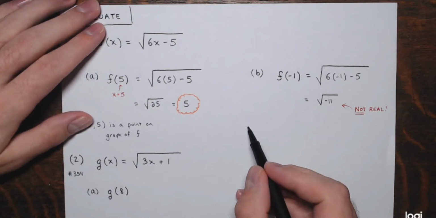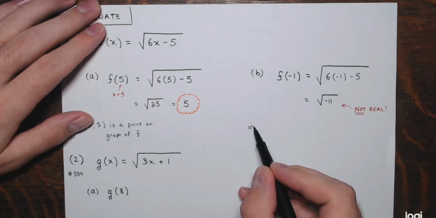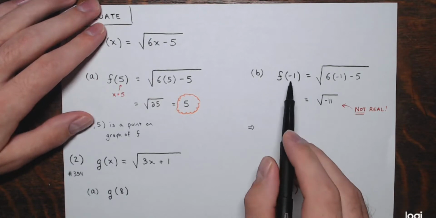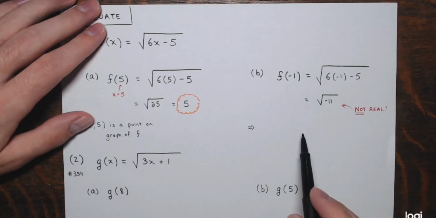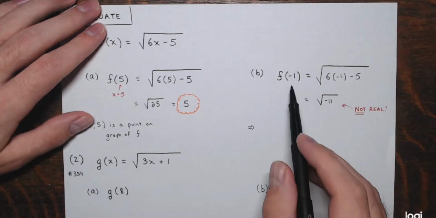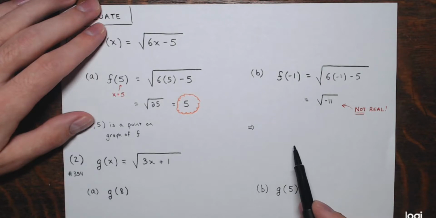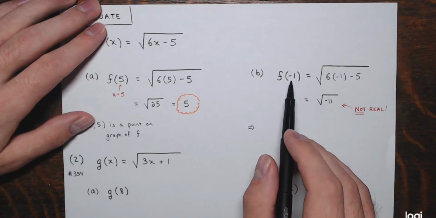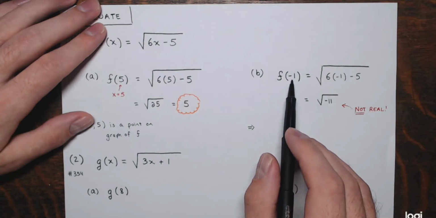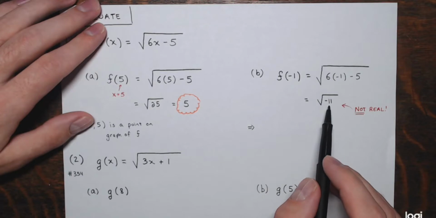And what that tells me about the graph is this as well. When I input -1, if I was graphing on the xy plane, remember the x-axis and the y-axis represent real numbers, real number inputs, real number outputs. So this tells me that when I input -1, I don't get a real number output.